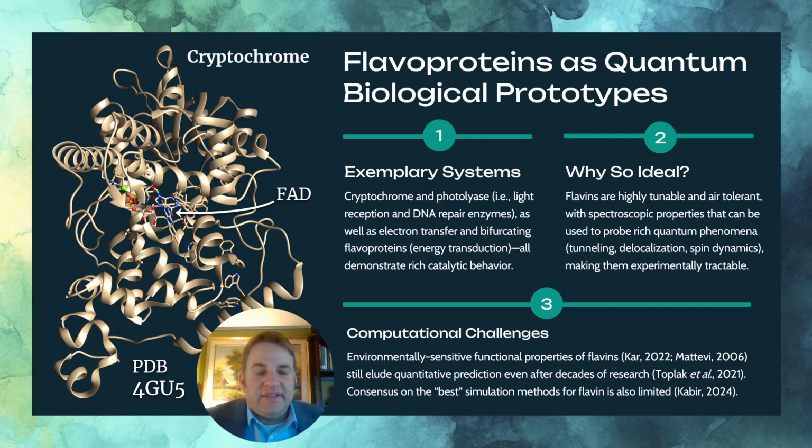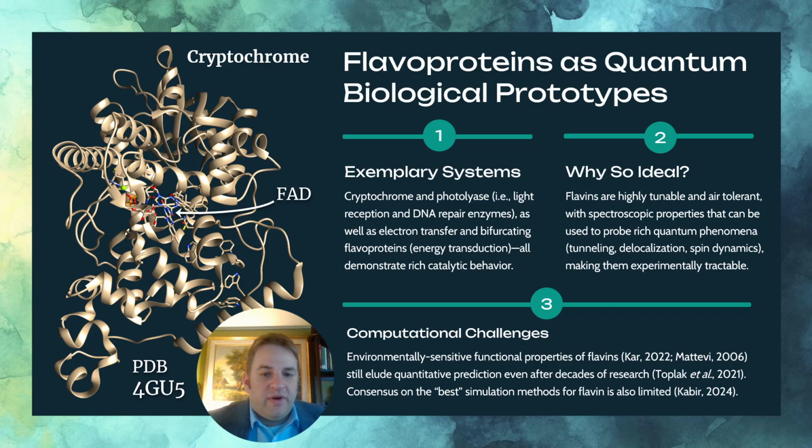So I'm also going to suggest that in addition to these metal centers, organic cofactors such as flavoproteins may be thought of as quantum biological prototypes. For example, the well-known protein cryptochrome contains a flavin cofactor, FAD.